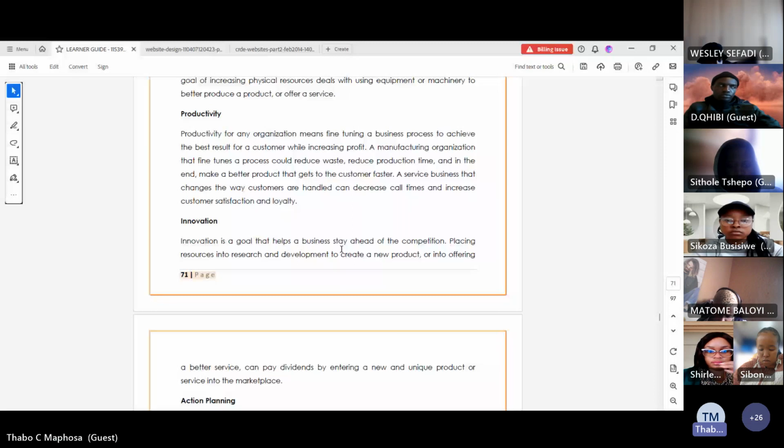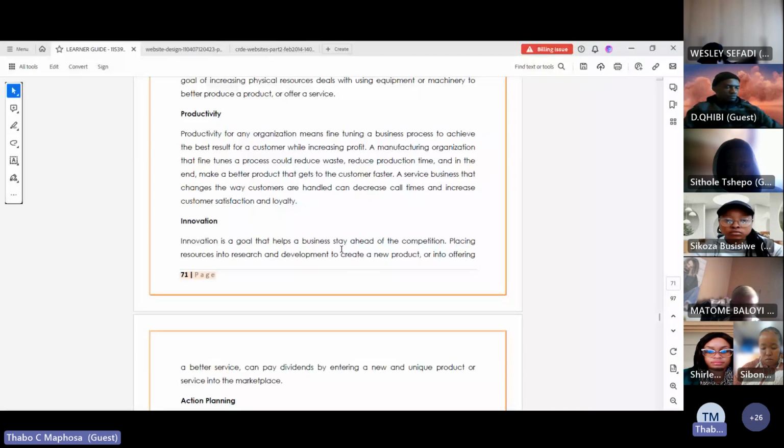Increase productivity, which means produce more. But even if you're producing more, do it in such a way that you are going to earn a profit and, at the same time, give the best results to your customer. That is mostly what you deal with when dealing with productivity.